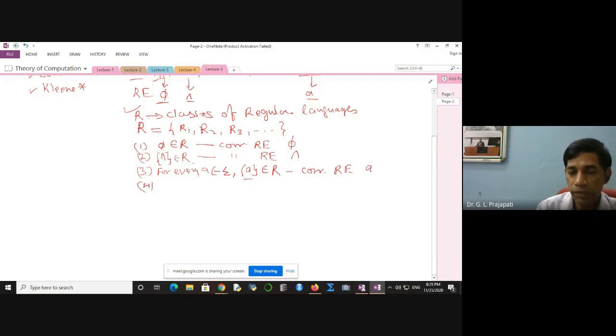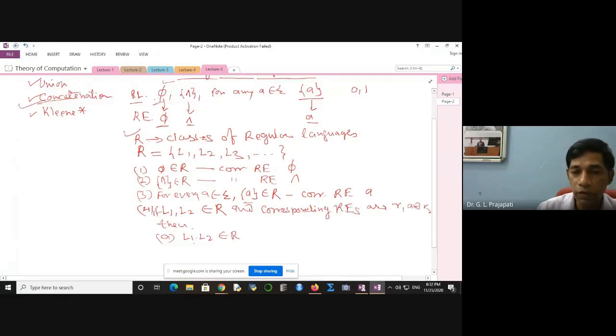With the help of these basic regular languages, we can construct the complex regular languages, and accordingly you will come to know that we have the complex regular expressions. So assuming that we have L1 and L2, these are regular languages. Here, instead of writing R1, R2, you can just write L1, then L2, L3, like this. Once you concatenate the two regular languages L1 and L2, the resulting language is also regular.